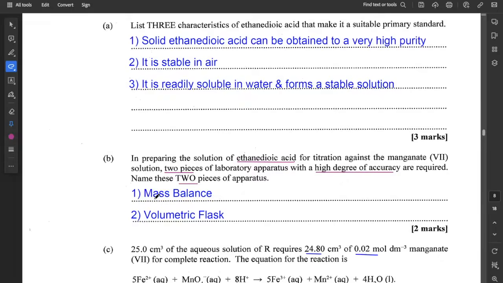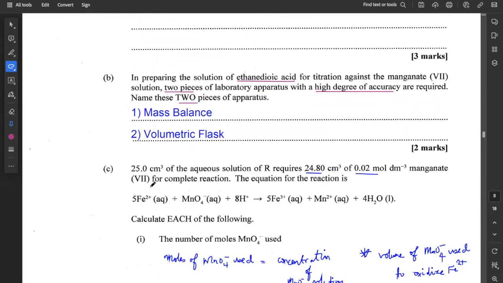All right, so moving along to C now. C says 25.0 cm cubed of aqueous solution of R, that's compound R, that contains our Fe2+, right? That solution requires 24.80 cm cubed of 0.02 mole per dm cube of manganate 7 for complete reaction, okay?